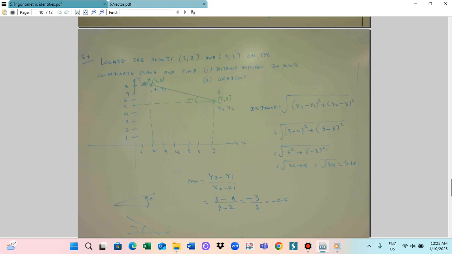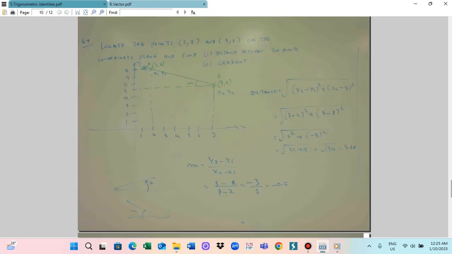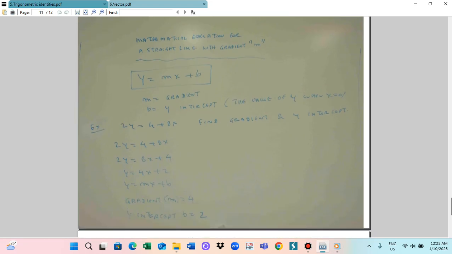Okay, here is an example: 2y is equal to 8h plus 4. Find the gradient and y-intercept.